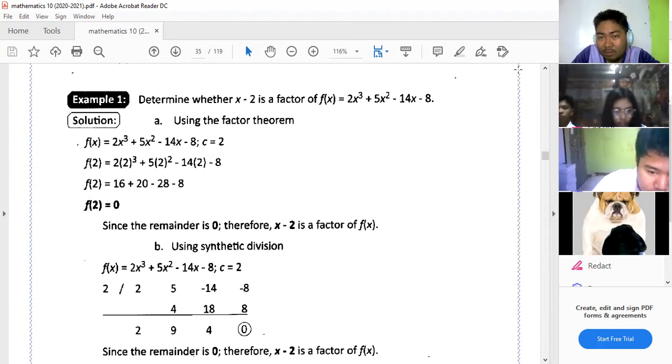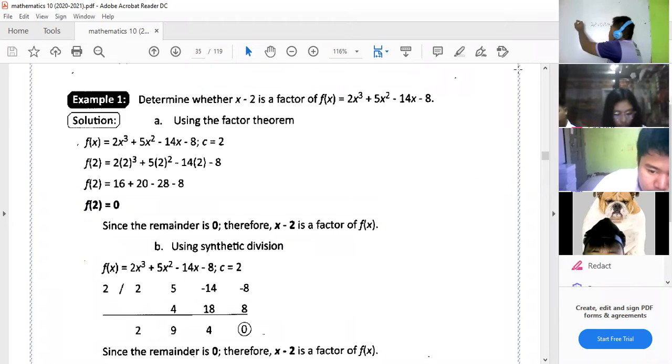Gamitin natin si factor theorem. So, we have 2x cubed plus 5x squared minus 14x minus 8. This is the f of x.